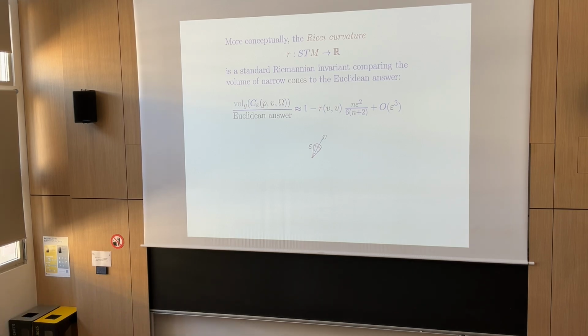the volume of the answer divided by what you would expect in Euclidean space will look like, up to lowest order, 1, and then there's a quadratic deviation, and the coefficient here is the Ricci curvature. It comes in with a minus sign, and then there is a nuisance coefficient depending upon dimension, n over 6 times n plus 2, that reflects the fact that this is not how Ricci invented the Ricci tensor.